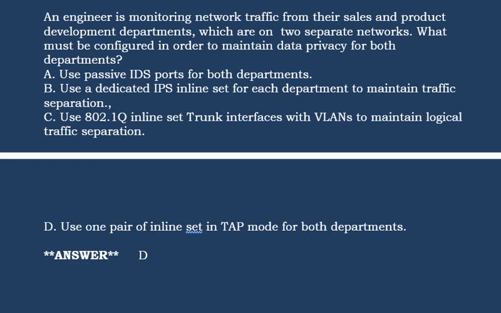Option B. Use a dedicated IPS inline set for each department to maintain traffic separation. Option C. Use 802.1q inline set trunk interfaces with VLANs to maintain logical traffic separations. Option D. Use one pair of inline set in TAP mode for both departments. Correct answer is option D.